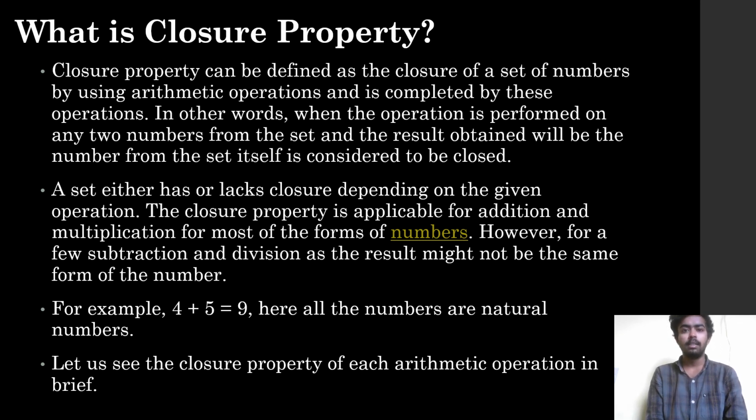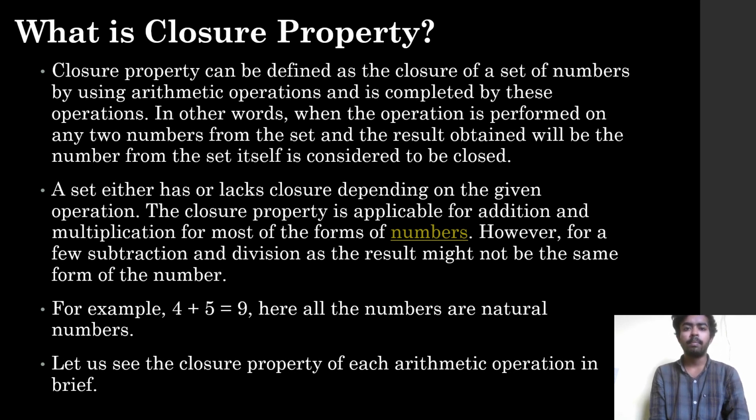In other words, when the operation is performed on any two numbers from a set and the result obtained is a number from the set itself, the set is considered to be closed. A set either has or lacks closure depending on the given operation.